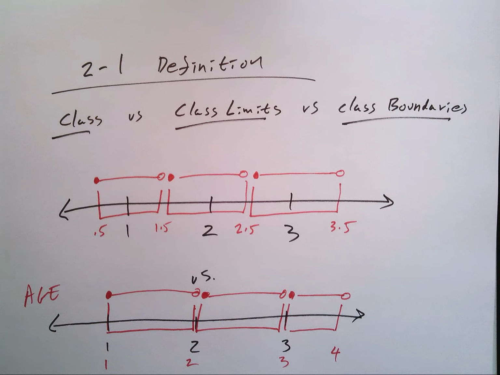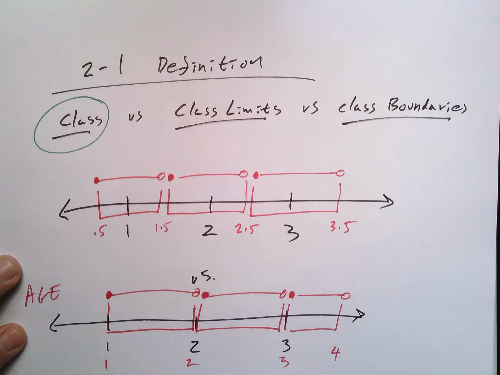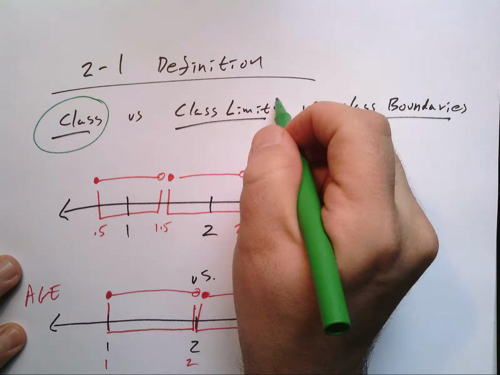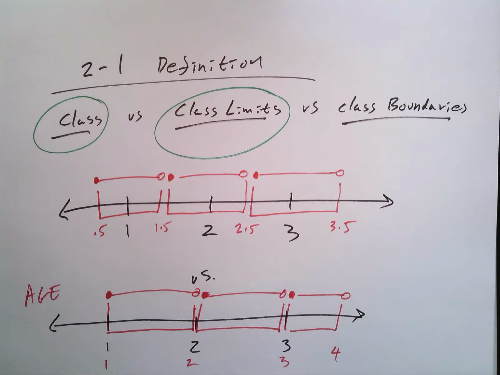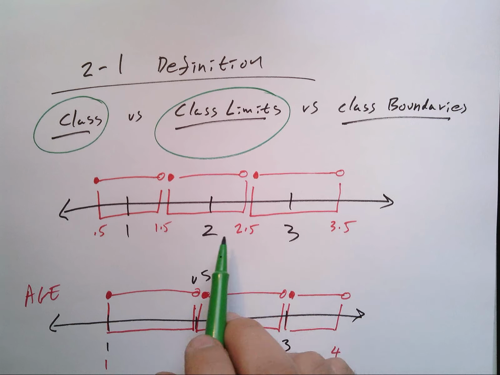I don't want to get too hung up on the class boundaries too much. Needless to say, when we talk about classes, think nominal and ordinal. Right? When we talk about class limits, we're talking about the other two, ratio and interval. And in this case, we're talking about numbers where there's a question about, well, where does 1.5 go? Does it go in the 2 or the 3?